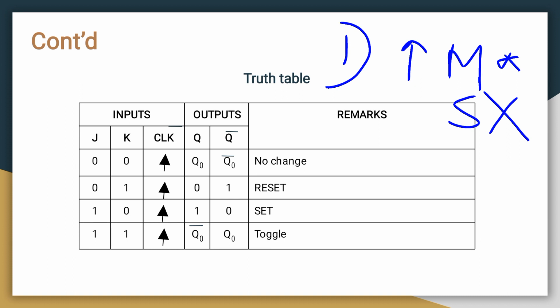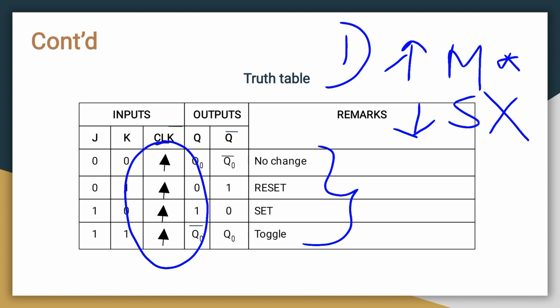Now the master will act through this flip-flop. Why is the slave inactive? Because this rising edge clock is complemented here, so it goes to the falling edge, and for the falling edge there is no truth table, right? So the slave is inactive.